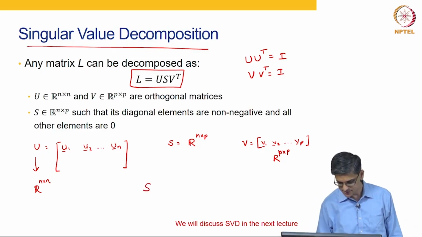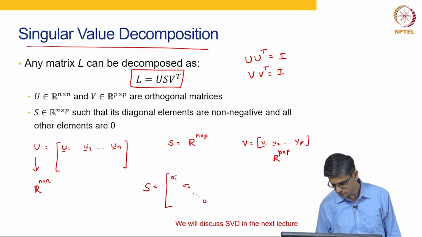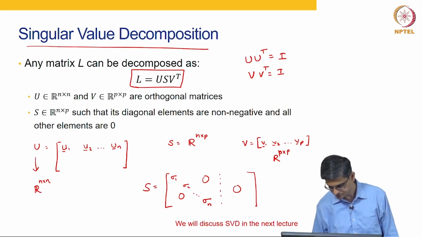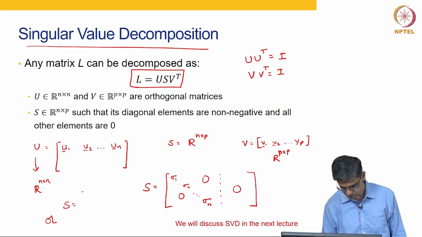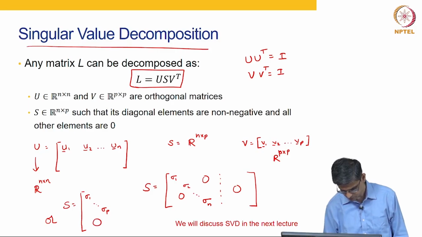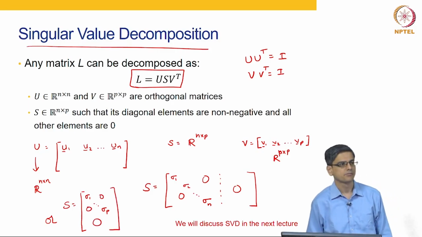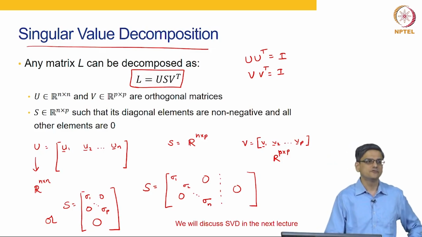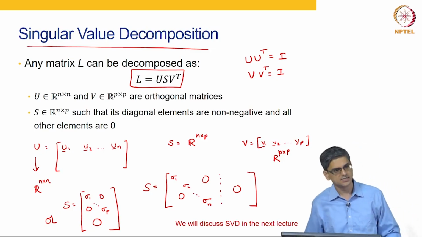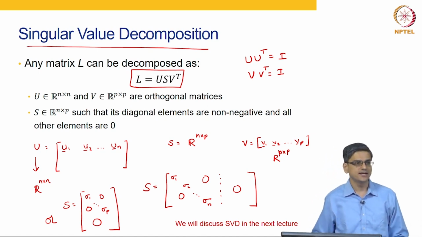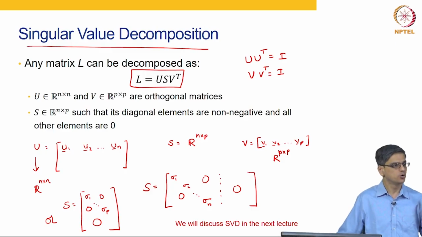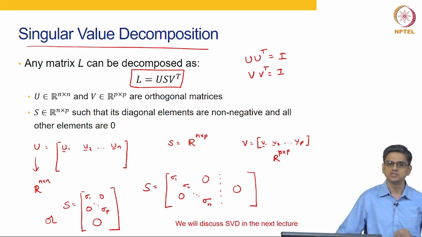And S has a very interesting form. Depending on whether P is larger or N is larger, only the diagonal elements of S are going to be positive values, all the non-diagonal elements will be 0.